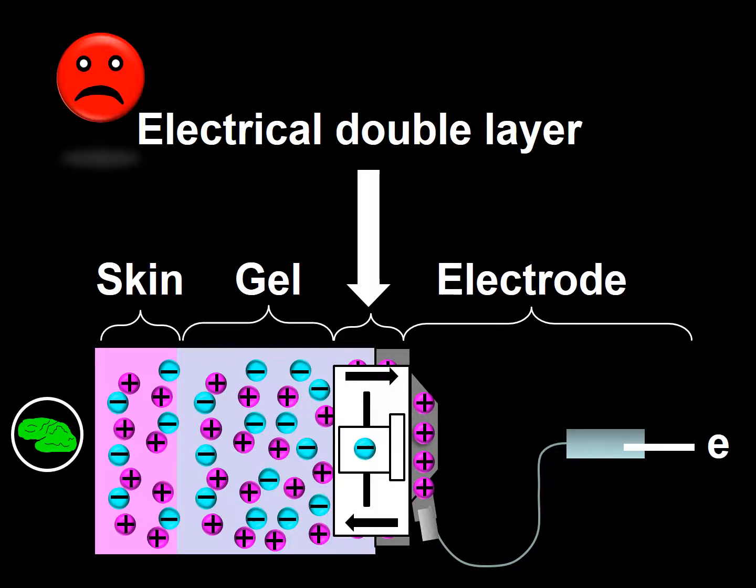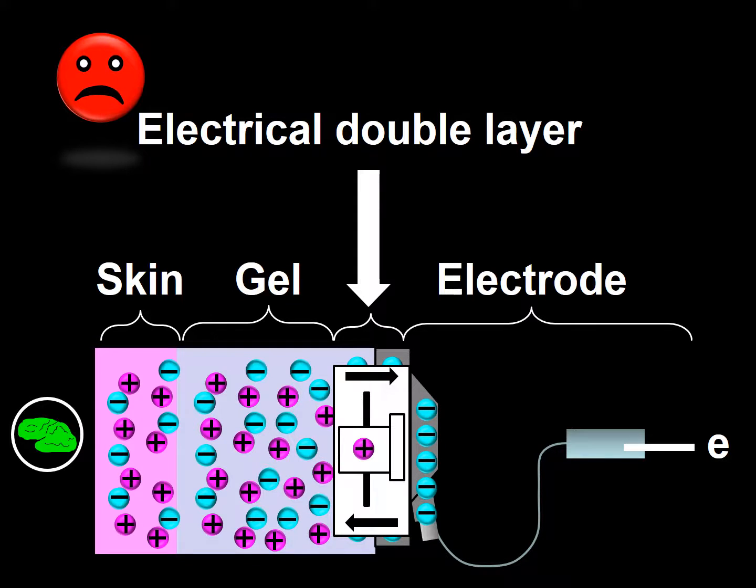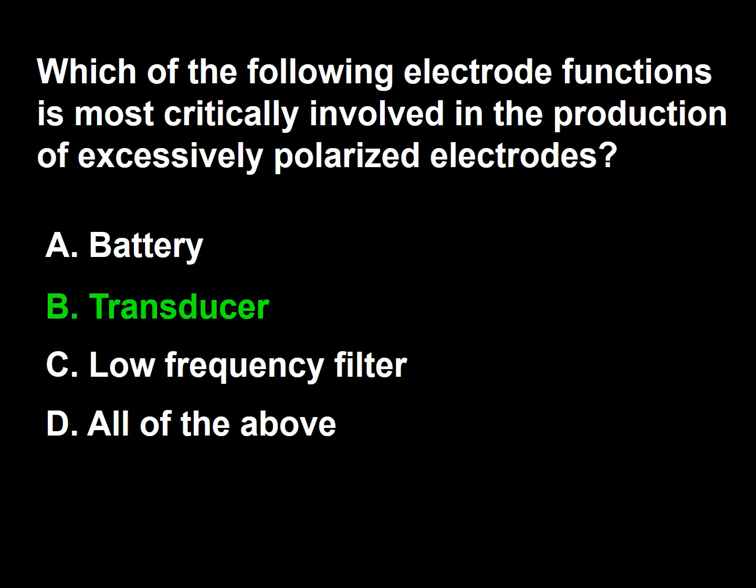When positive charges are accumulated in the electrical double layer, the electrical double layer will attract and allow the transfer of negative charges, but will not allow positive charges to go through. If, on the other hand, the charges that accumulate are negative charges, positive charges will go through, but negative charges will not. So the answer to this question is B.